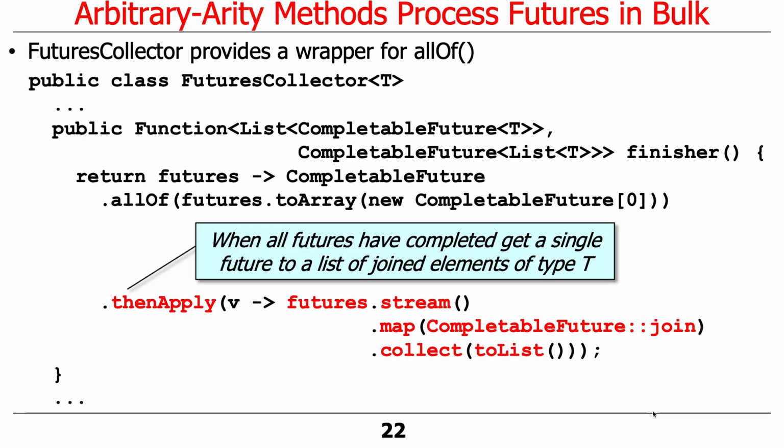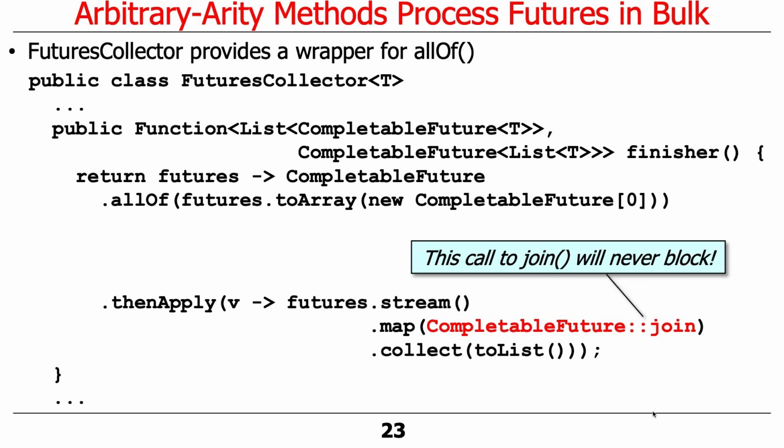And what this does is take the array list of completable futures, turn it into a stream, and then join each completable future in the stream.